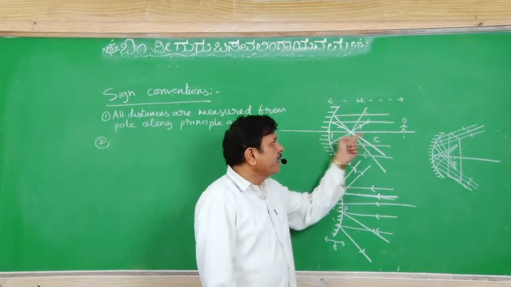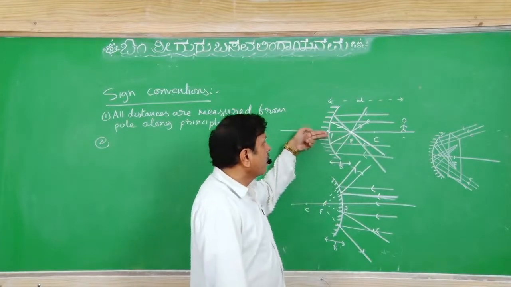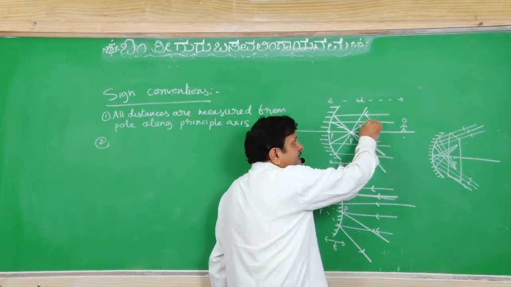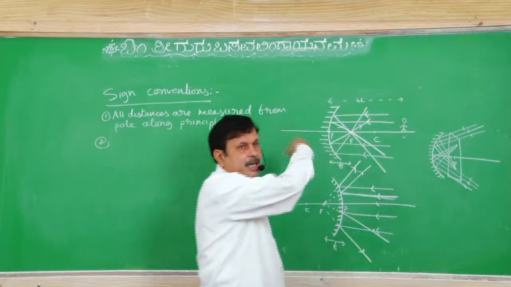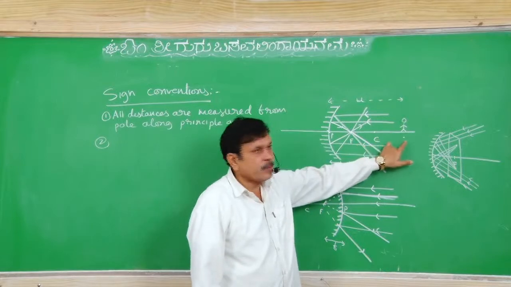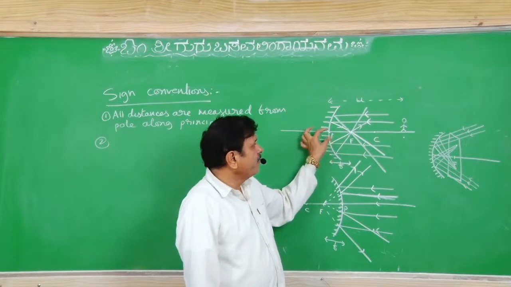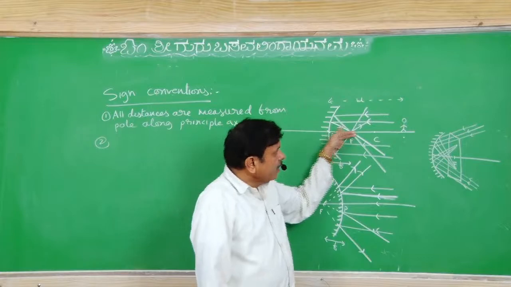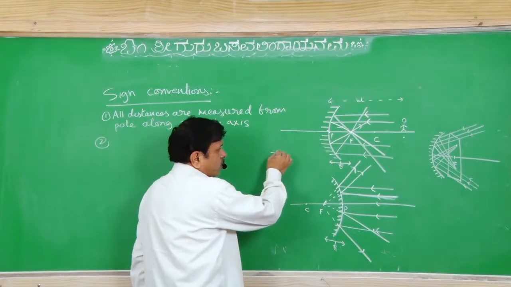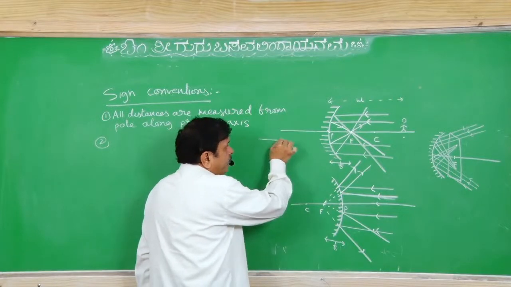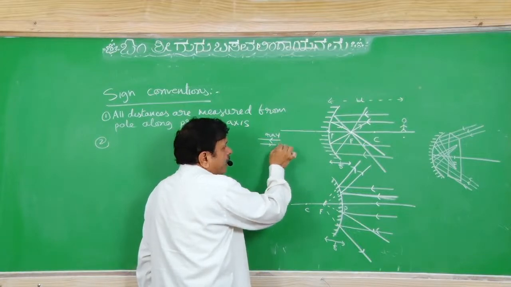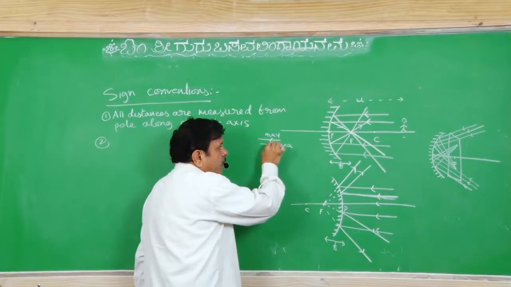If we start from here to here, we have to go in this direction. But how are the rays traveling? They are traveling towards the left. But to measure the distance between object and pole, when we are measuring from the pole, we have to go like this. So this distance will be taken as what? Negative.